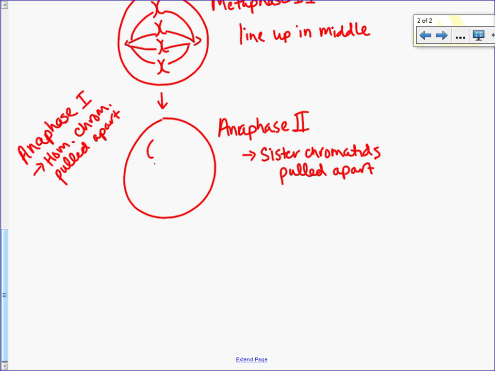So anaphase 2, sister chromatids are pulled apart compared to anaphase 1, where it was the homologous chromosomes. Remember, we had one from mom and one from dad being pulled apart.